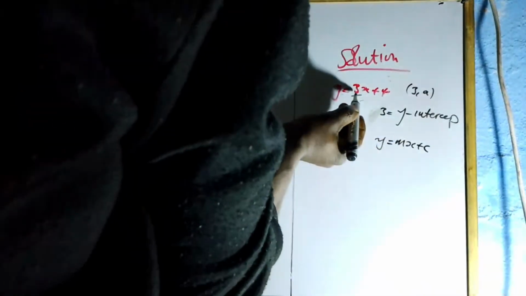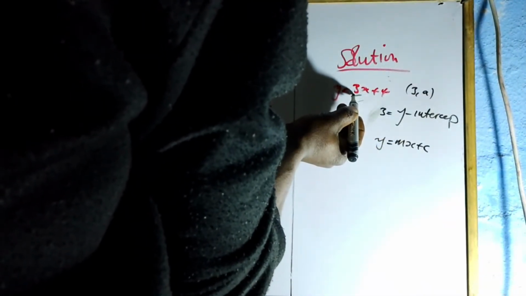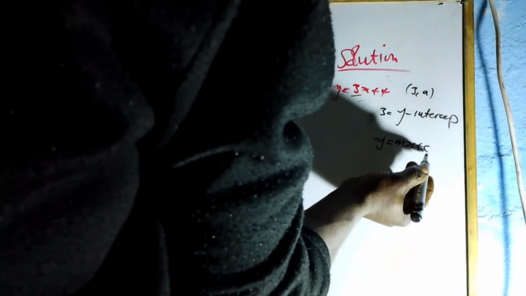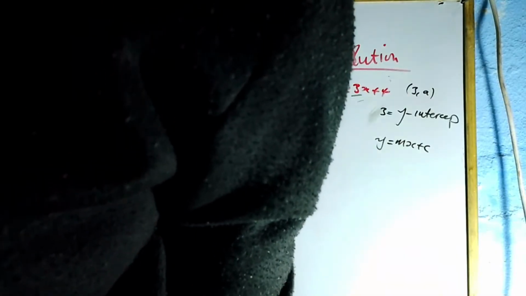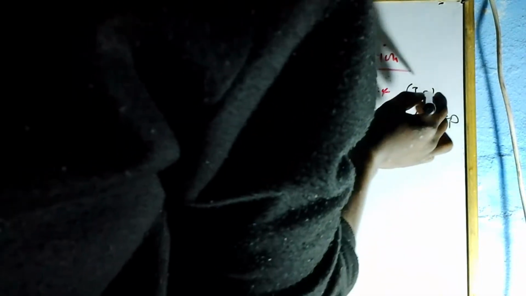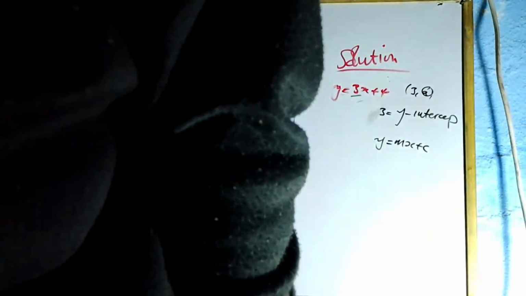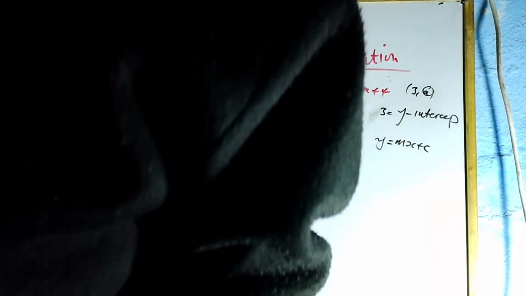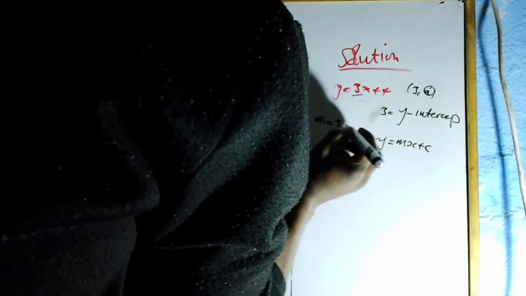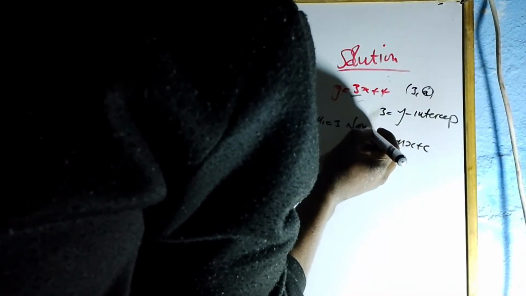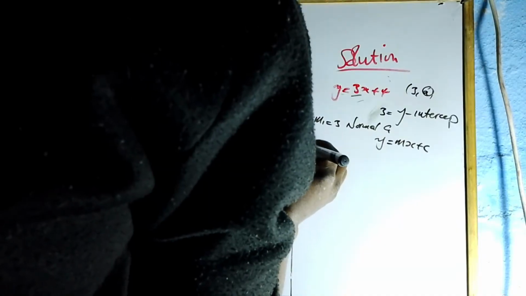Where there is m, you have 3, and where the c is, we have 4. Since we're only focusing on finding the value of A, now let's find the perpendicular gradient. This is the normal gradient. M1 is equal to 3.